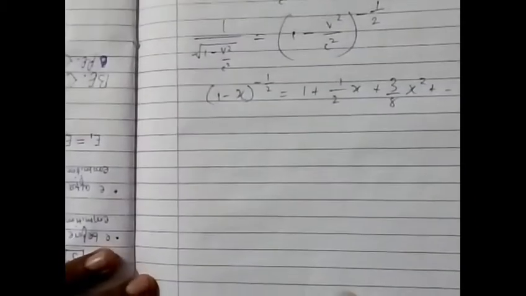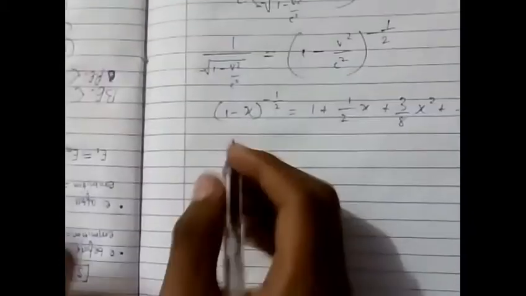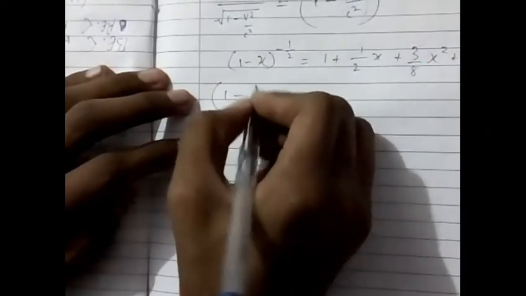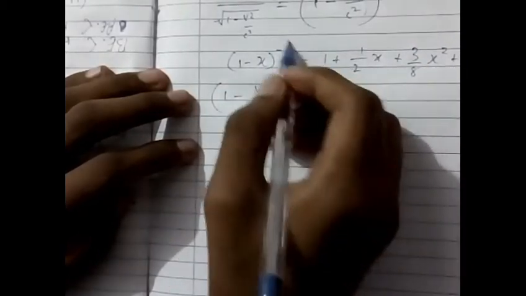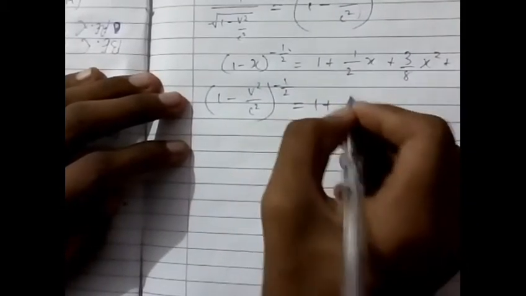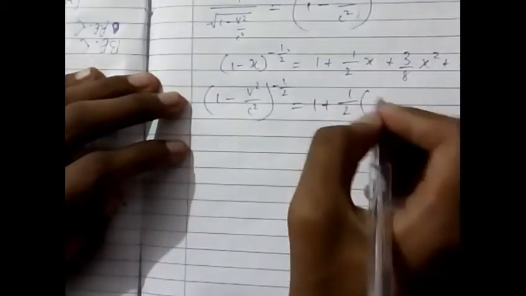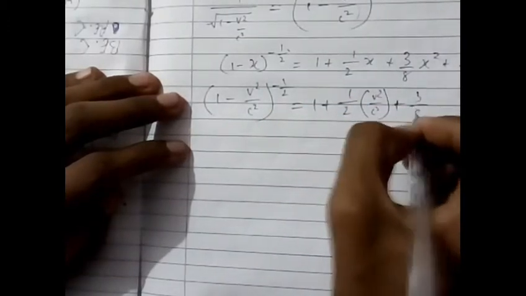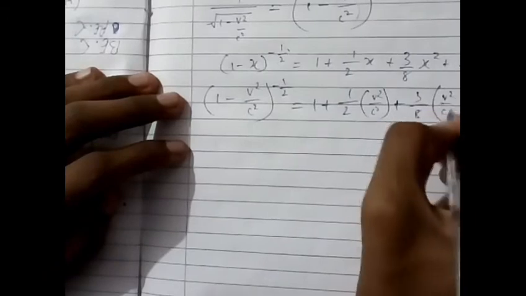So if we apply this here, we'll have 1 minus V square over C square to the negative half, which equals 1 plus 1 over 2 times V square over C square, plus 3 over 8 times V square over C square squared.